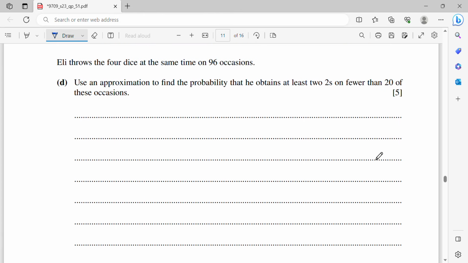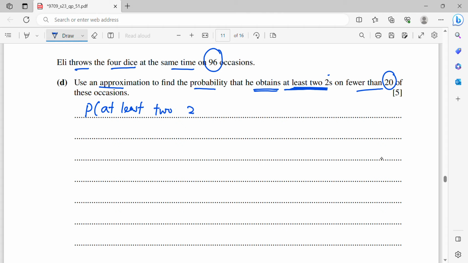Now, D. Ellie throws the 4 dice at the same time on 96 occasions. So now, you throw 96 times, each time 4 dice. So use an approximation to find the probability that he obtains at least 2 twos on fewer than 20 of these occasions. That means now I need to find the probability of getting at least 2 twos.